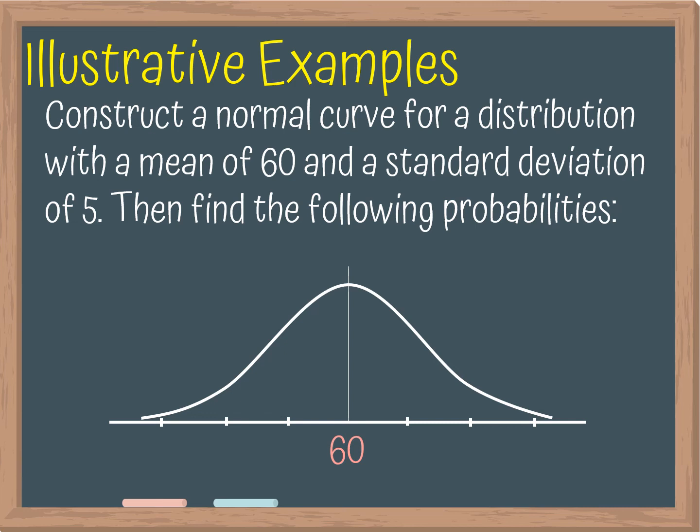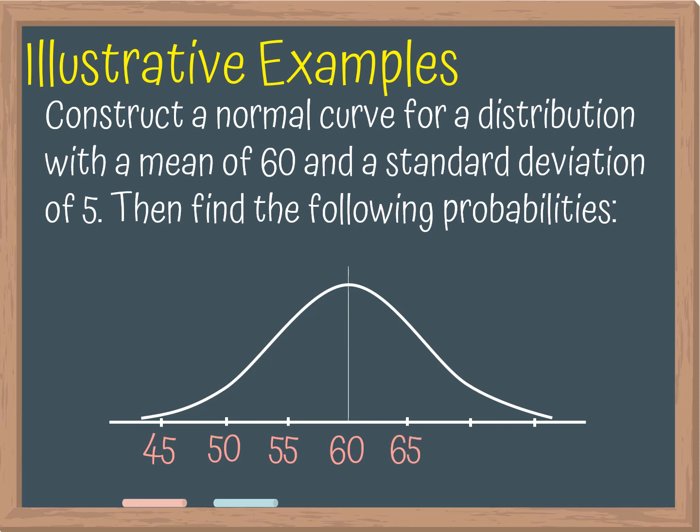Then, since the standard deviation is 5, it means that the distance between each point is 5. So we're going to do that again by subtracting 5 from 60 for the values to the left. That will give us 60 minus 5, that is 55, minus 5, that is 50, and another minus 5, and that will give us 45. And then for the right side, we're going to add 5 to 60.